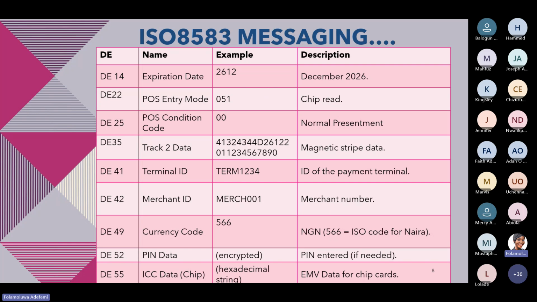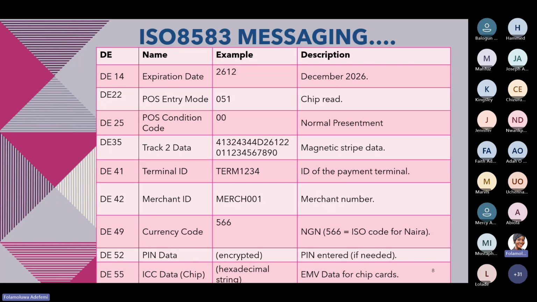We have the ICC data, which is EMV data for chip cards. So this data is dynamically generated, unlike the track 2 data. And this is so that we don't have replays of card transactions or cloning of transactions, right?